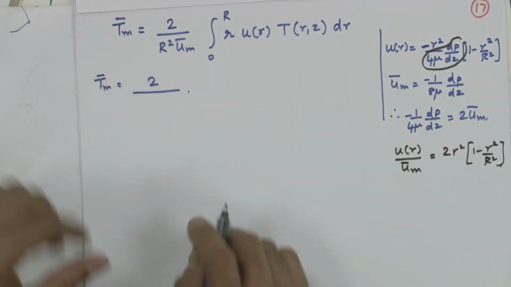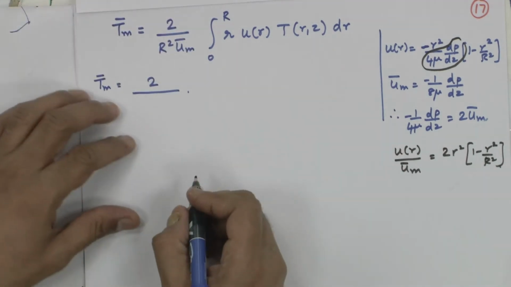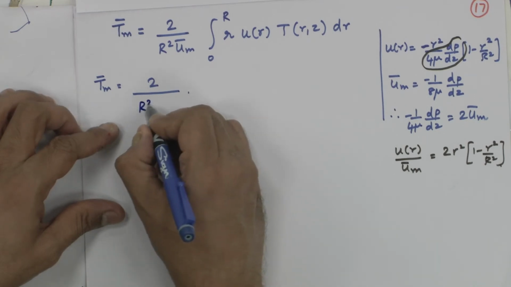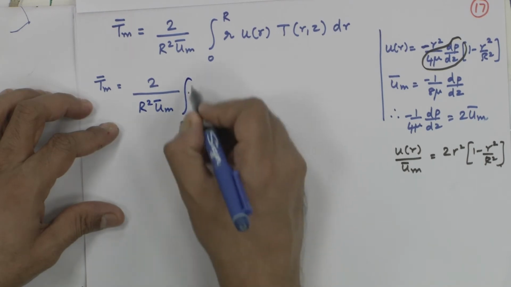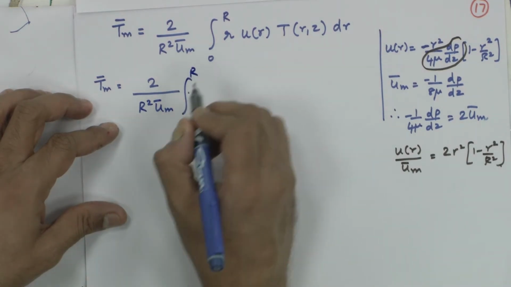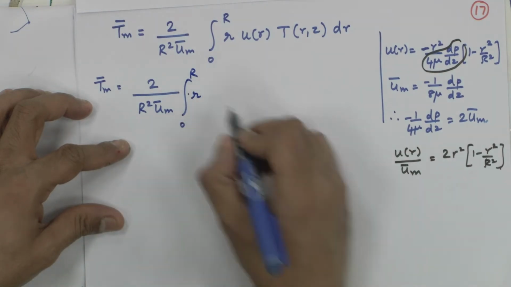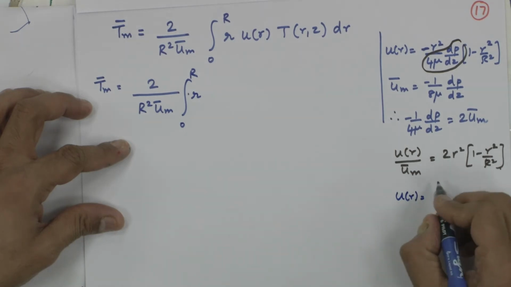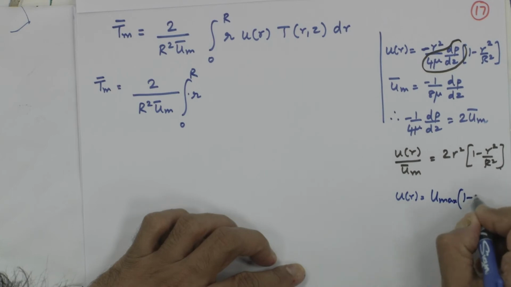So, if I substitute for all this and I write this as R squared u bulk mean, the integral is nothing but 0 to R of u max. This can be written as u of r, also written as u max times (1 minus r squared by R squared). What is u max?